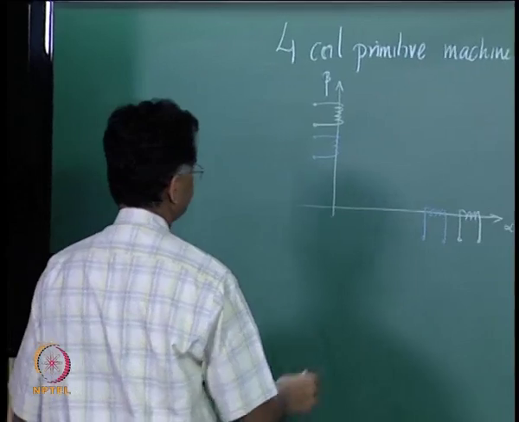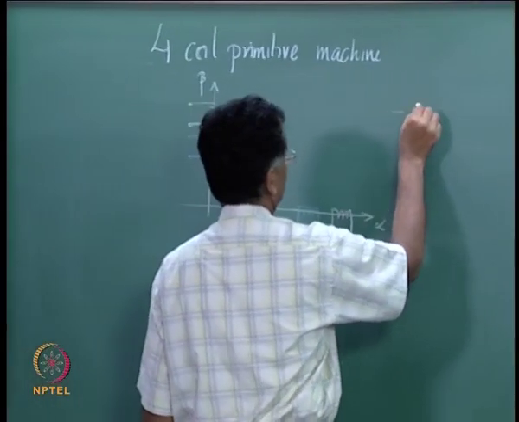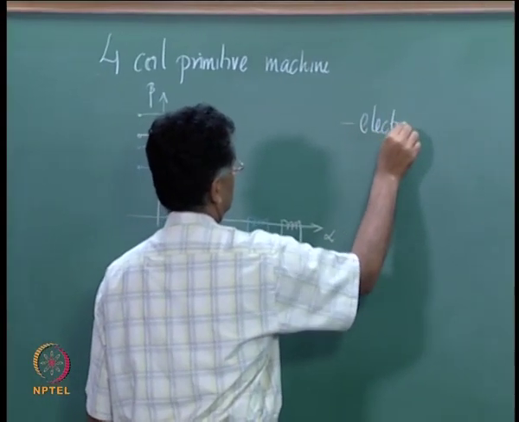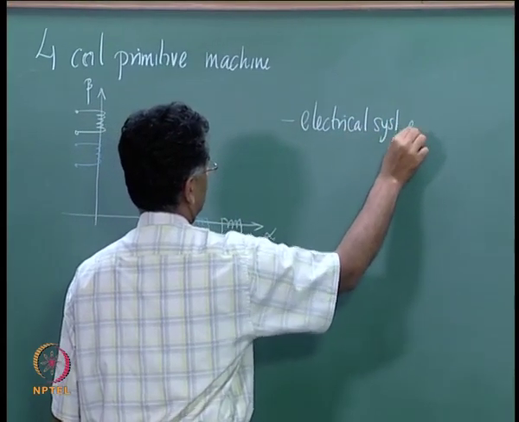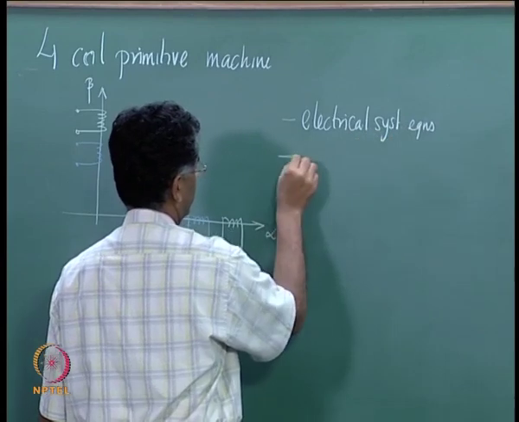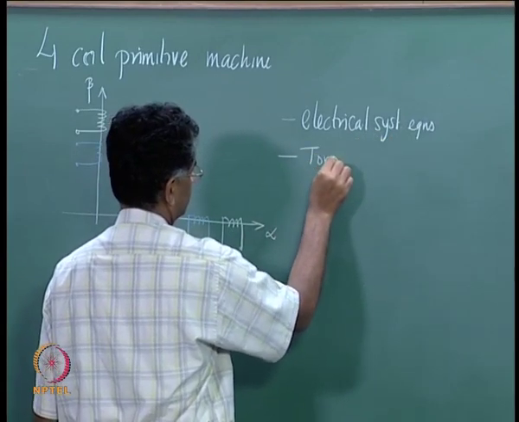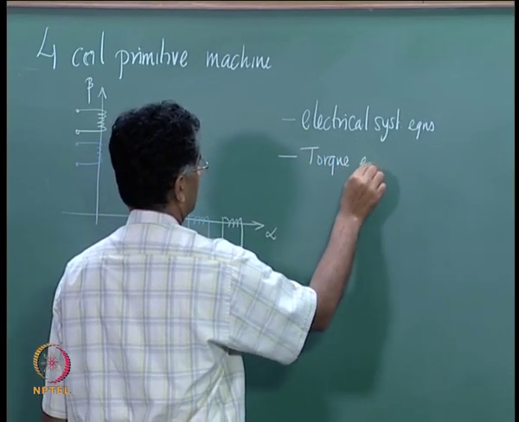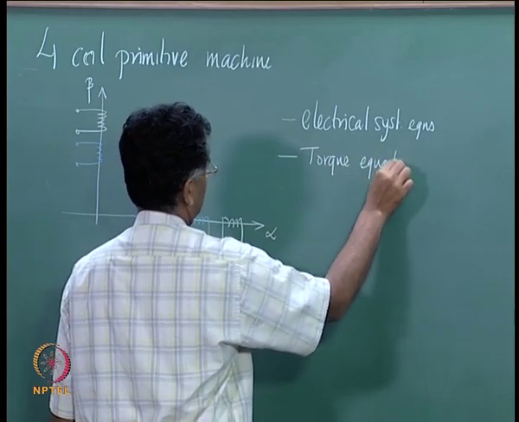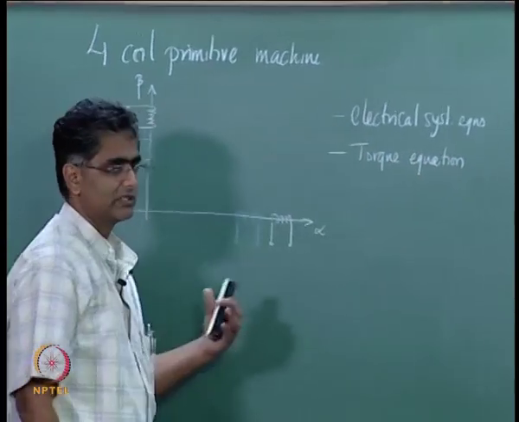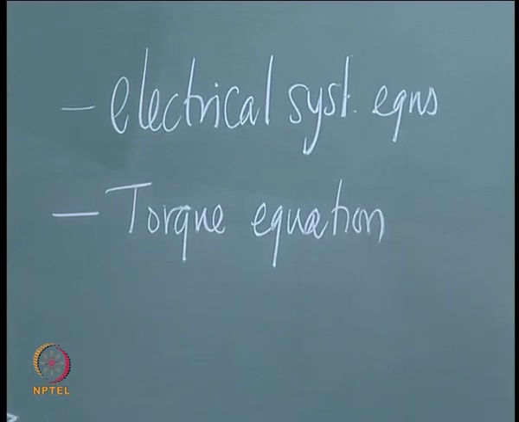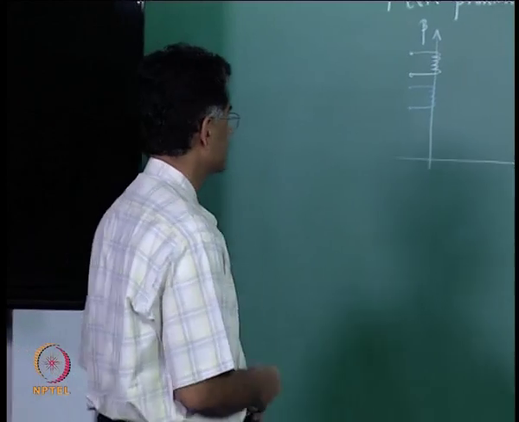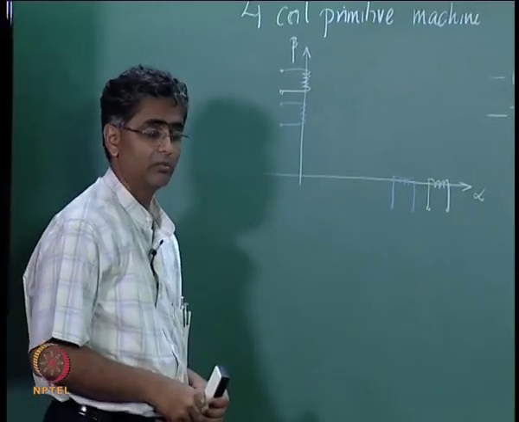We wrote down the electrical system equations and then the torque equation, and from this description we saw how representations for various DC machines can then be arrived at.